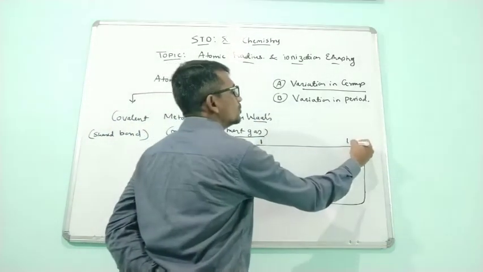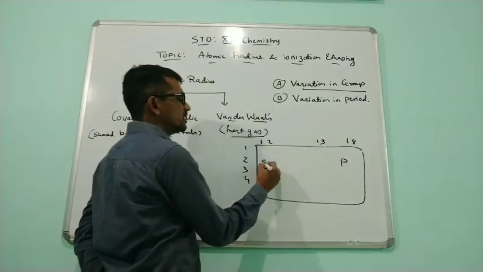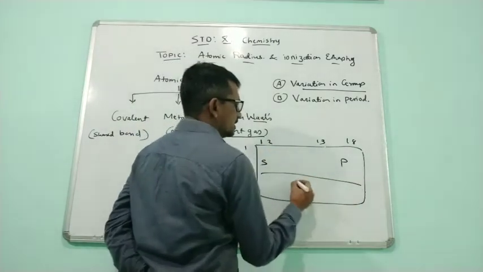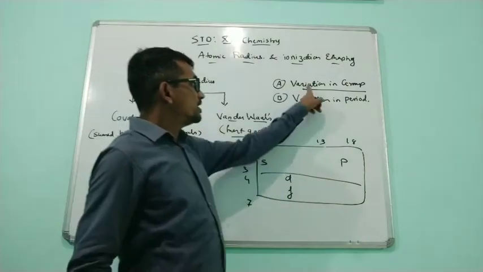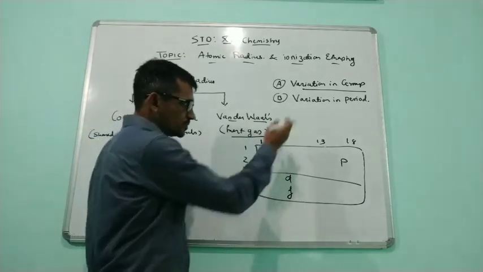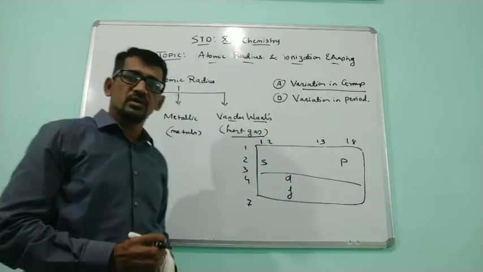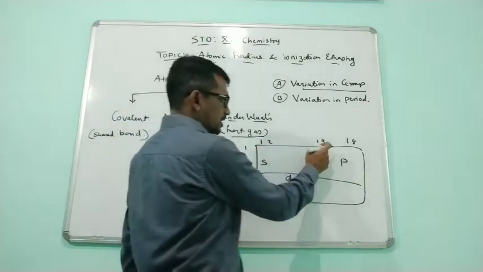Total 1 to 18 groups are there. Here 13 to 18 is P block, 1 and 2 is S block. In the middle are D block and F block. So first, variation in groups. If you move from top to bottom in the periodic table, first group, second group, 13 to 18.